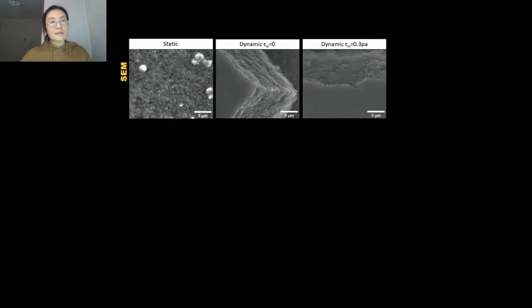This SEM image shows that a biofilm cultured under static conditions has developed mushroom-shaped aggregates in its structure. In contrast, the biofilms formed under dynamic conditions with continuous fresh medium supply have bacteria densely packed in the structure, and more interestingly, their surfaces are very smooth compared to static biofilm.